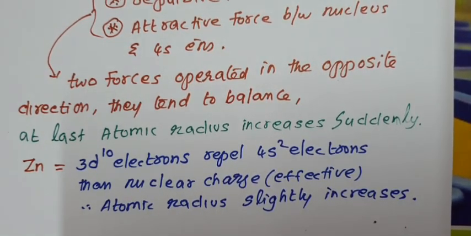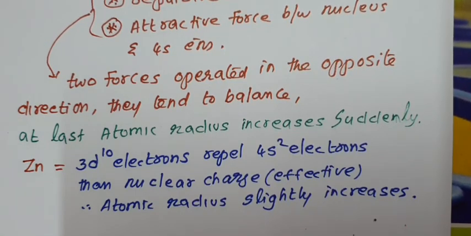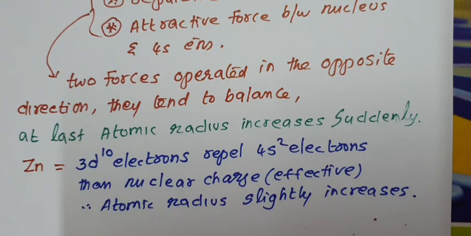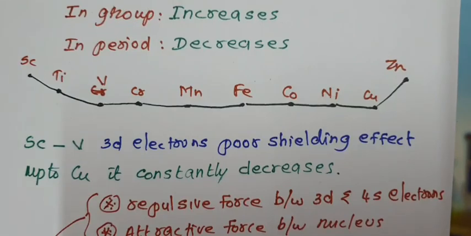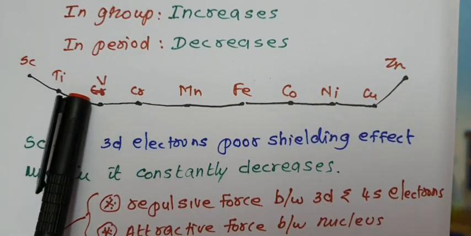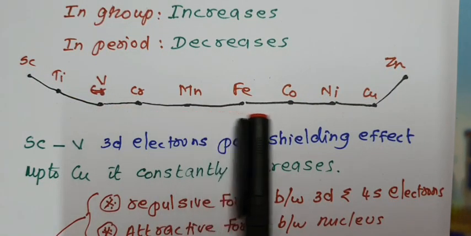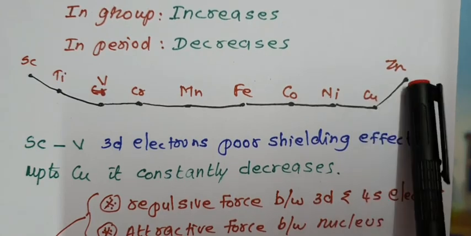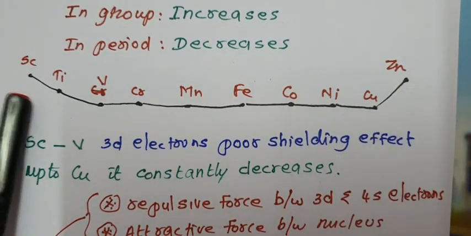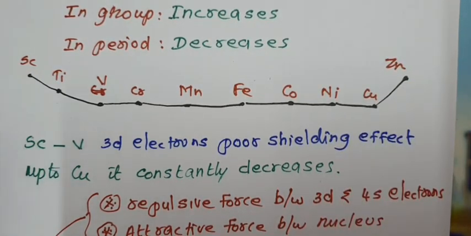The same trend happens in the case of 4d series and 5d series elements also. In the 4d series, the atomic radius first decreases, then steadily decreases. At last, in the case of cadmium, the atomic radius slightly increases. In the 5d series, there is one more point.